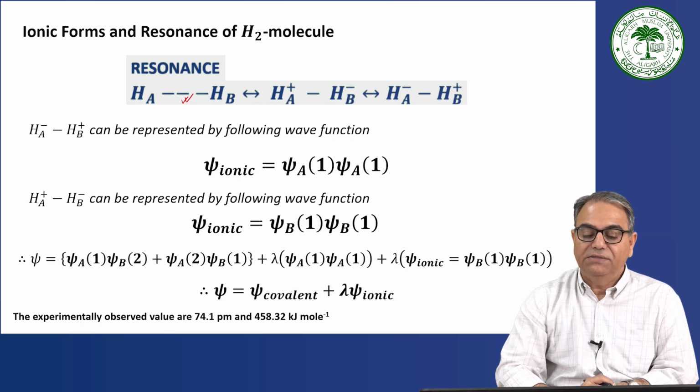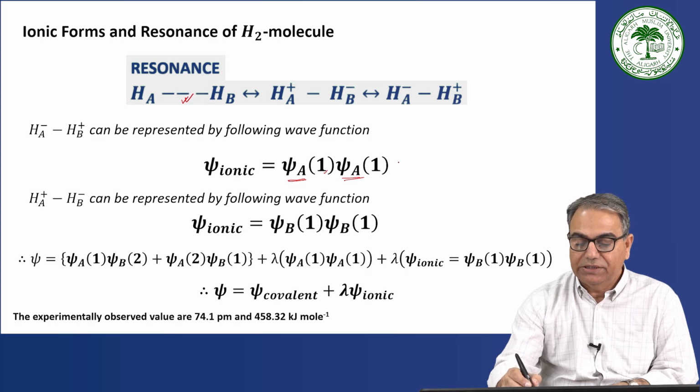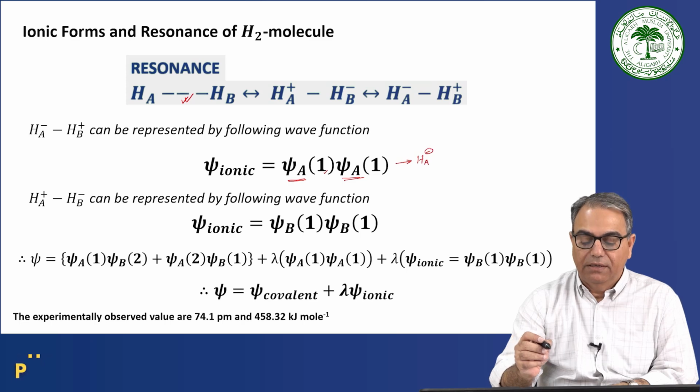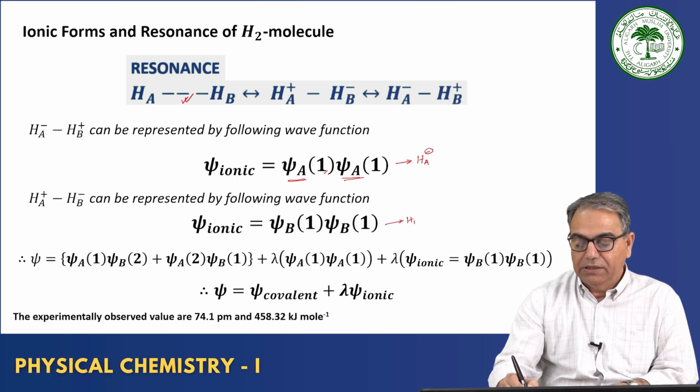How do we represent these functions? In these functions, you see psi A1, nucleus A has the first electron, and again nucleus A has the first electron. So this tells you that your Ha is negatively charged. Now here I have said Hb1 and Hb1. So this tells you that Hb is negatively charged.